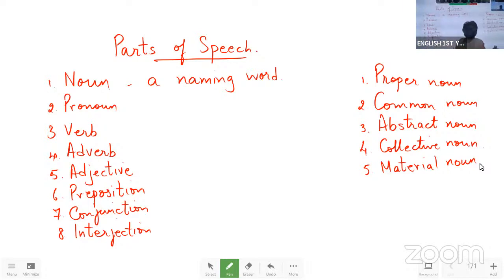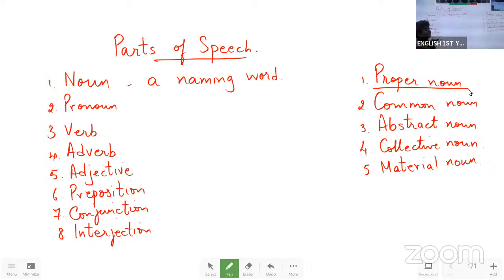Now, what is a proper noun? You should know the differences, because in the sentence, though you don't write proper, common, abstract, you just mention it a noun, but at least you should know the difference. What is a proper noun?